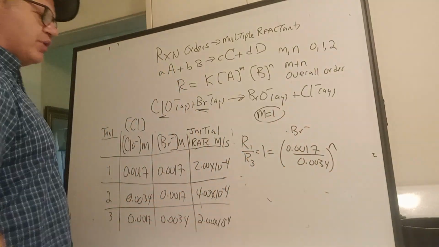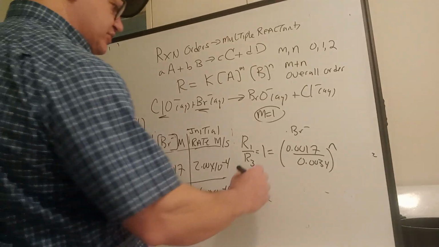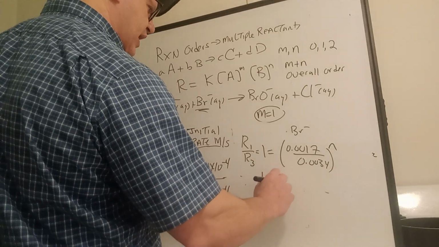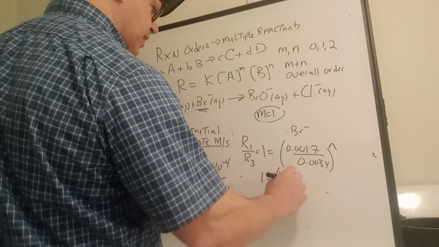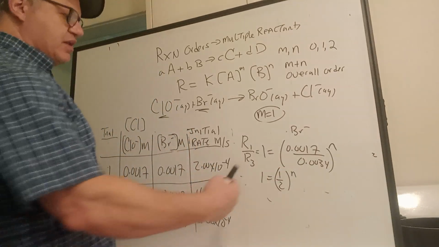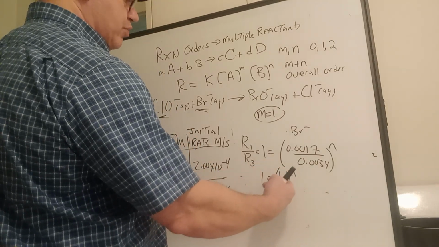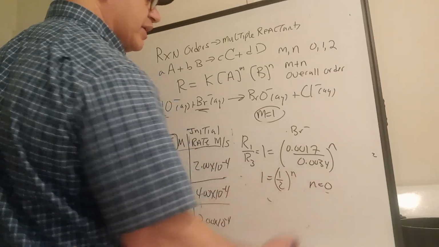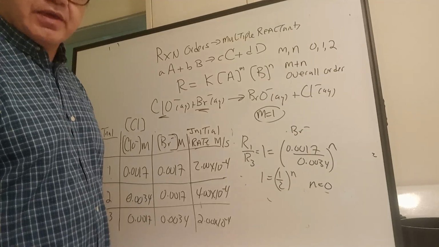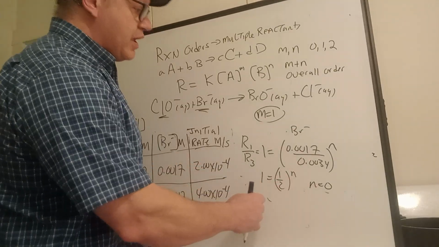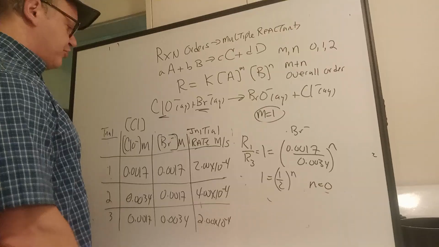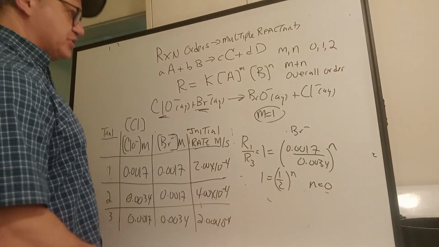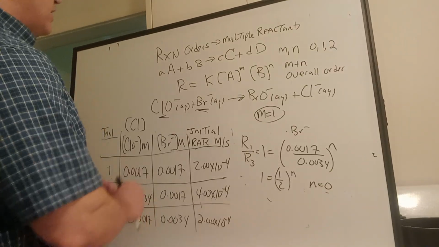So 1 is equal to 1/2 to the n. The only way you can get this to be 1, when you have 1/2 raised to a power, is if n is equal to 0. It's 0th order in the bromide ion. So that means it does not explicitly show up in the rate law.